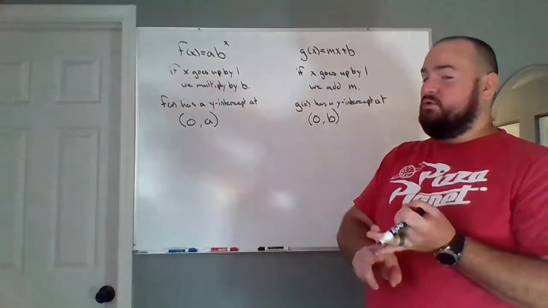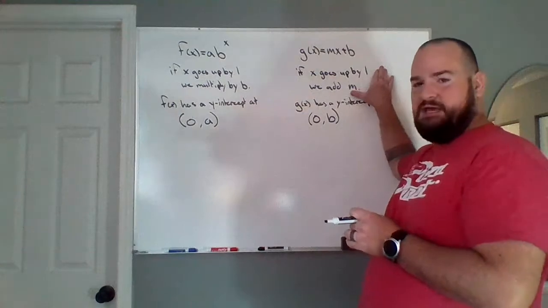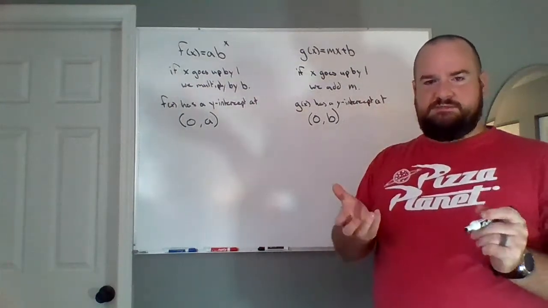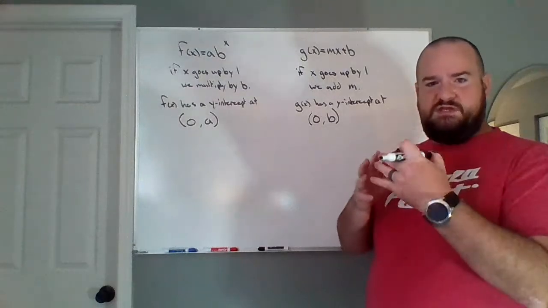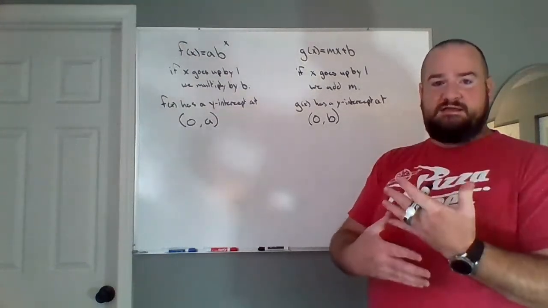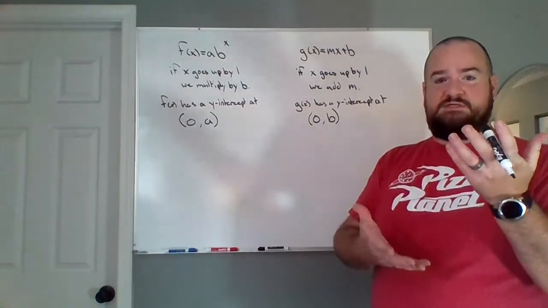And we can also do some other cool things. So what else does the slope tell us? Let's think of linear functions. What does the slope tell us, other than its rate of change? More specifically, we can classify its rate of change into two different groups. It's either increasing or decreasing, right?